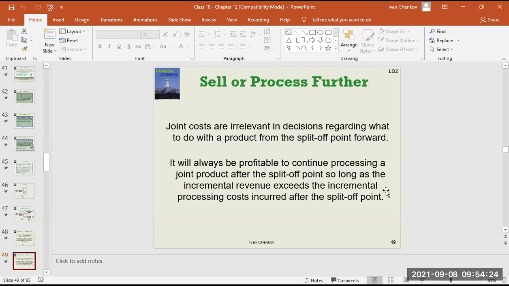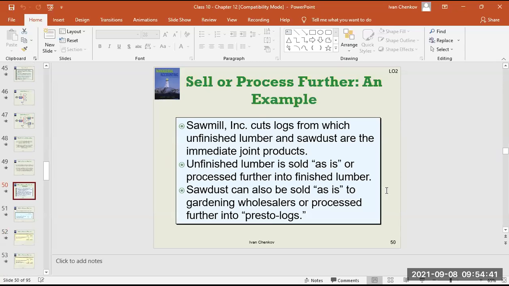Well, I'm selling it at this point at $4. Why do I have to go with yogurt? I don't have to. I better sell it as milk and make more money. If I go with the yogurt, I'm going to lose $1 where I'm currently at. So that's how you're making the decision.